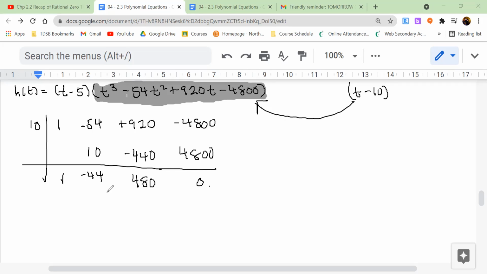So if that's the case, my height will be equal to 24 meters at this point.